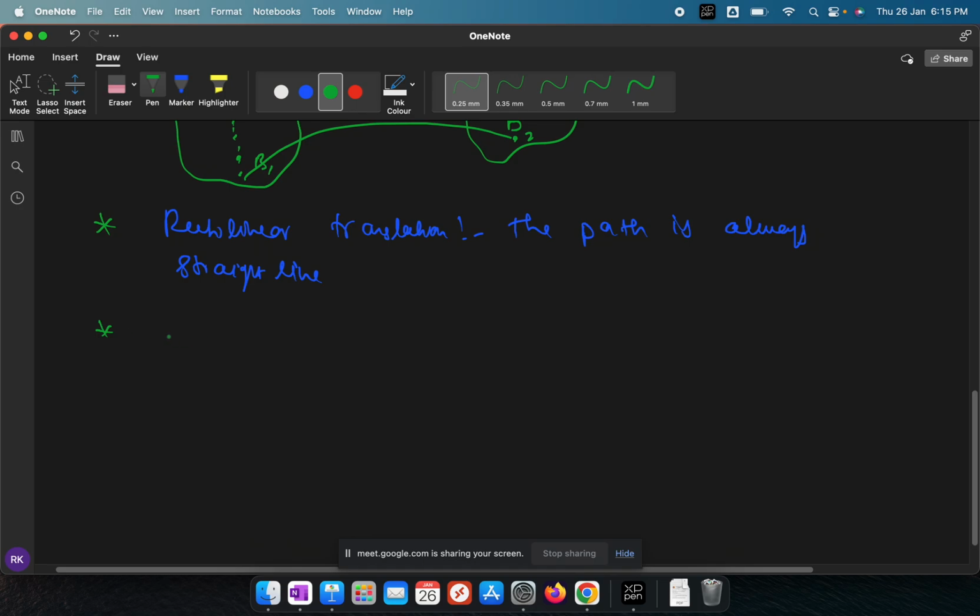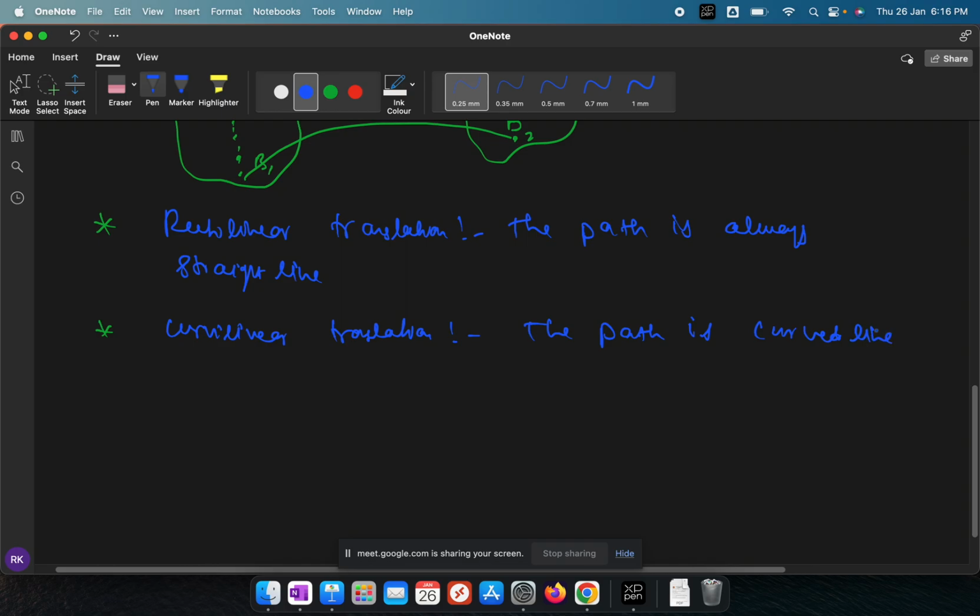The second one is called curvilinear translation. In this case the path is a curved line.